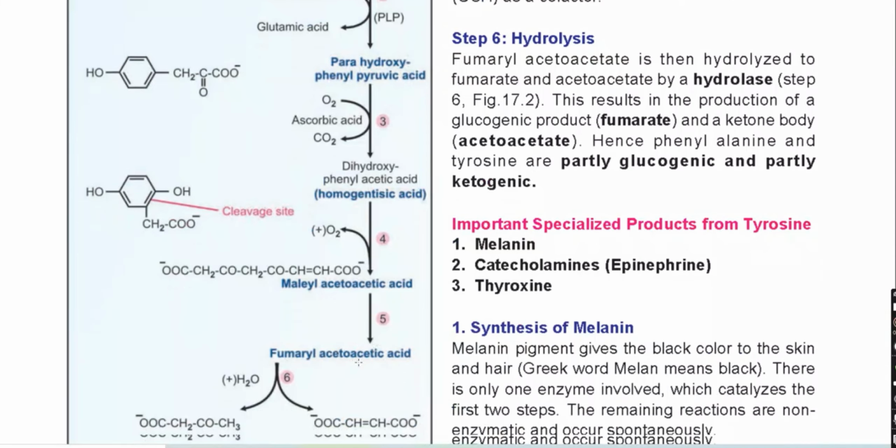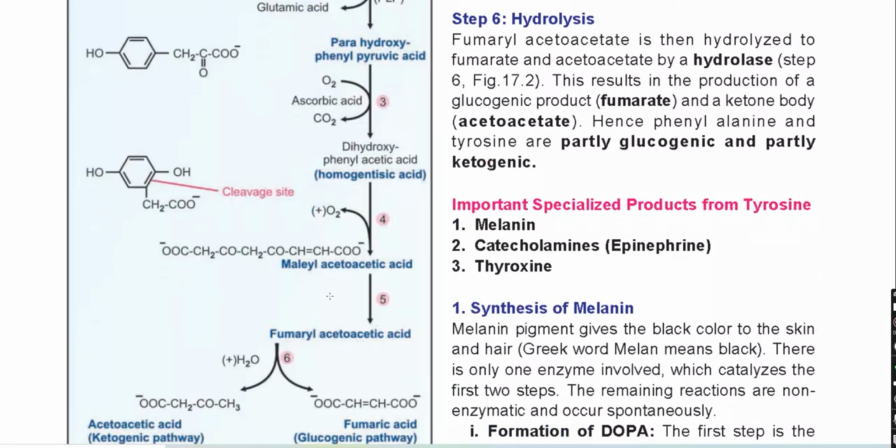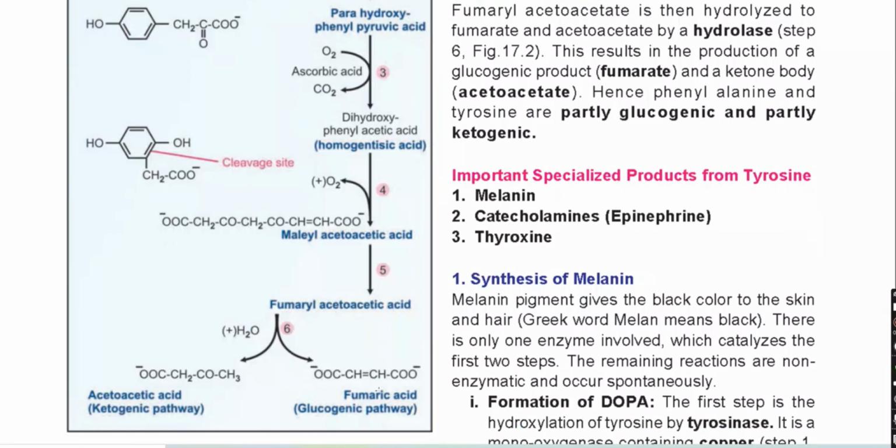After that, with the help of hydrolase enzyme, it will form fumaric acid, the glucogenic product, and also acetoacetic acid, the ketogenic product. So in this way, tyrosine is catabolized to form these molecules.